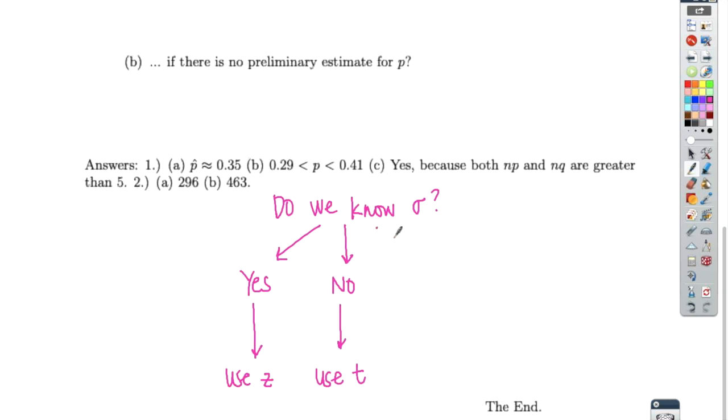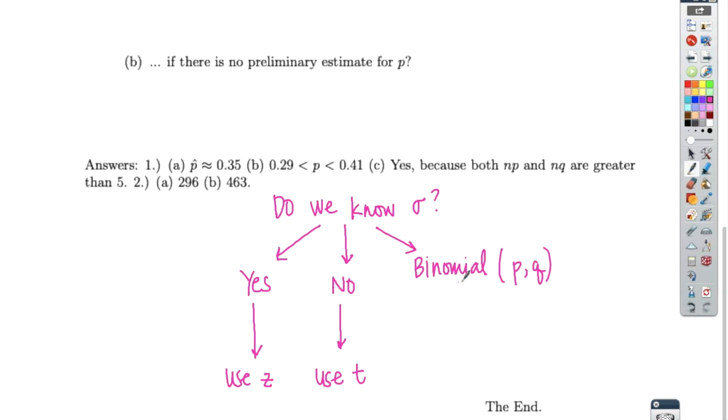Okay, so now in 8.3, we have a third scenario, which is: is your entire distribution a binomial? Are we dealing with binomial trials? In which case, you won't know anything about sigma because you'll be talking about p's and q's. So you'll definitely know if it's a binomial situation because you won't have any sigmas. You'll have p's.